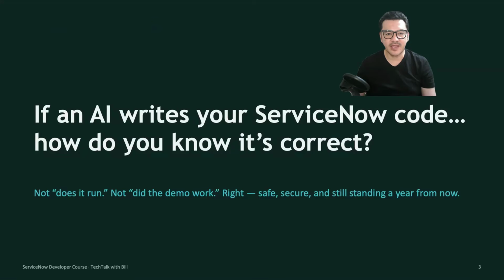If you can get an AI to write ServiceNow code for you, how do you actually know that the AI is correct? Does it run correctly, not just in a demo that appears to be working? And how can you verify that the AI's work is right, safe, secure, and still standing a year from now?